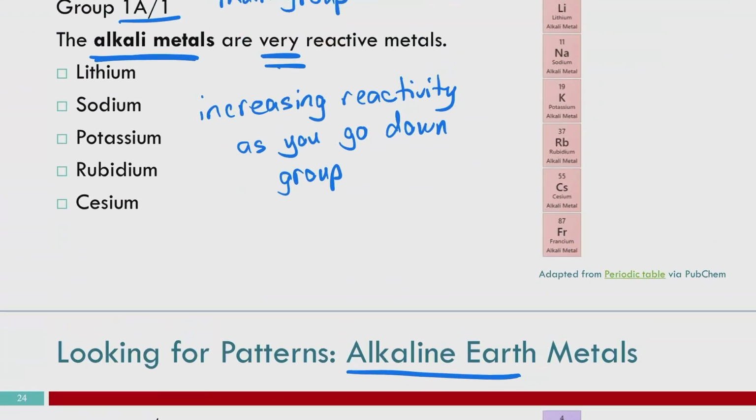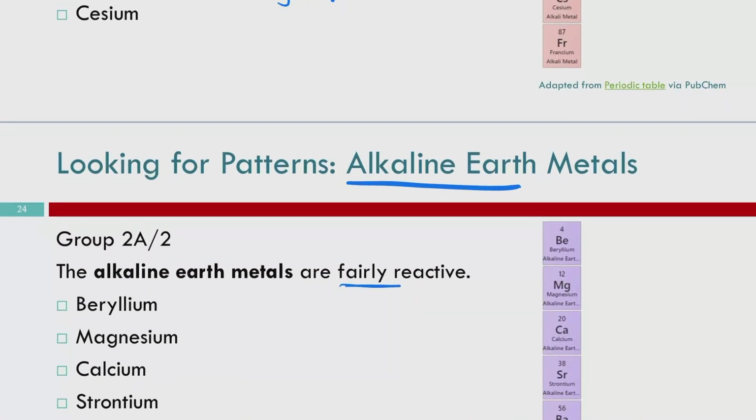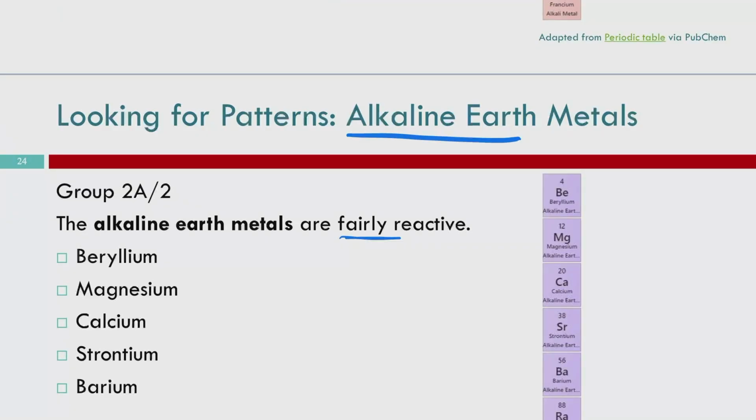And is the name longer or shorter? Alkaline earth? Longer than alkali metals, right? So alkali and then alkaline earth. They get longer as you go. That's the way that I remembered them.